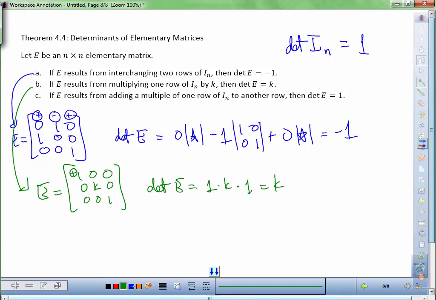And the last one I think is most interesting because you're adding a multiple of one row to another row, introducing another factor in there, and yet it's still not going to make a difference. So let's take a look at how that plays out in a 3 by 3 matrix. Let's multiply the first row by 3 and add it to the second row.